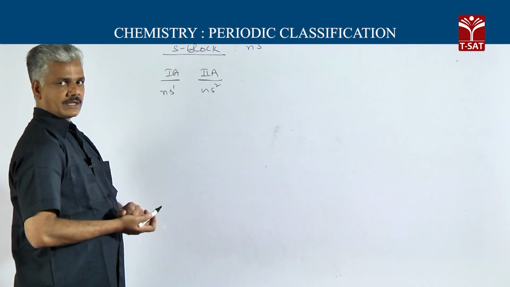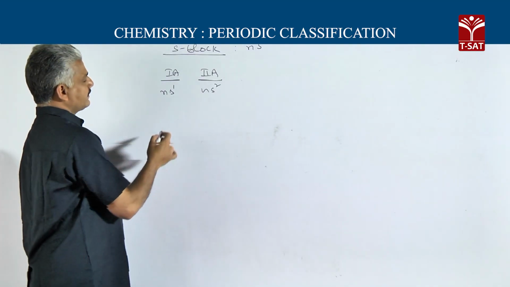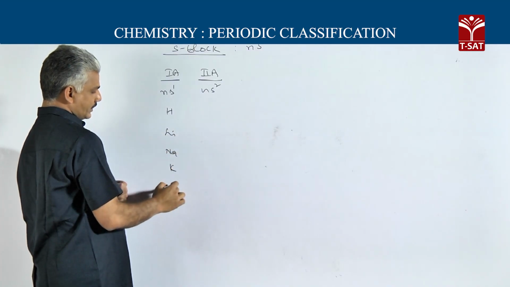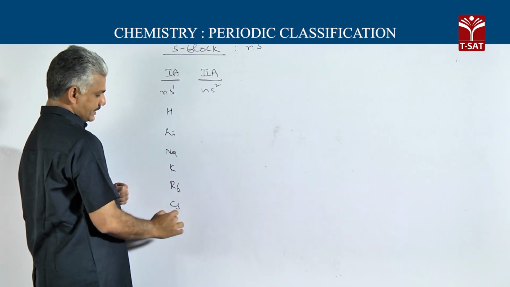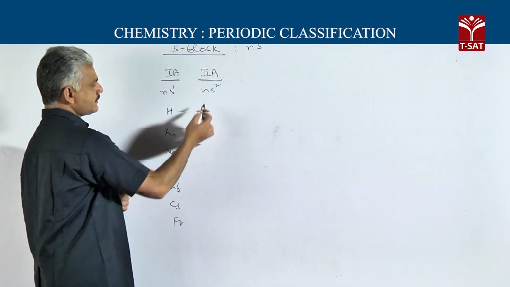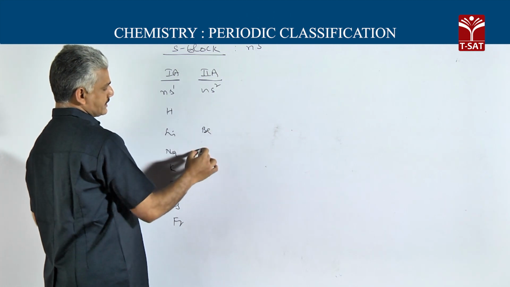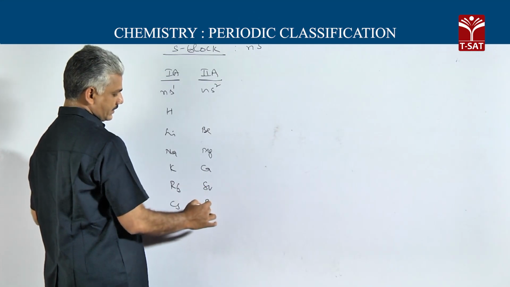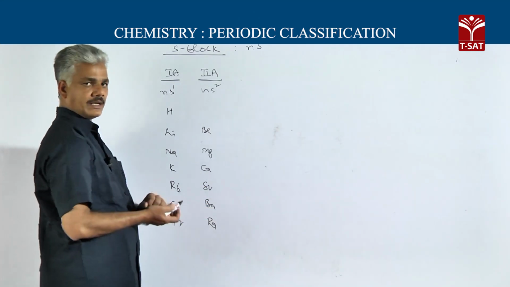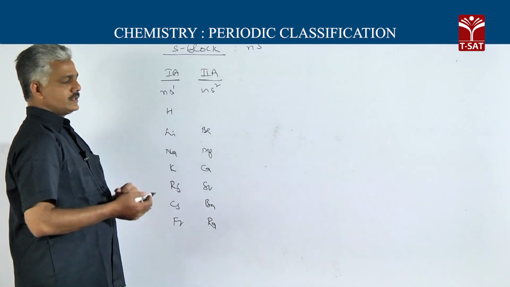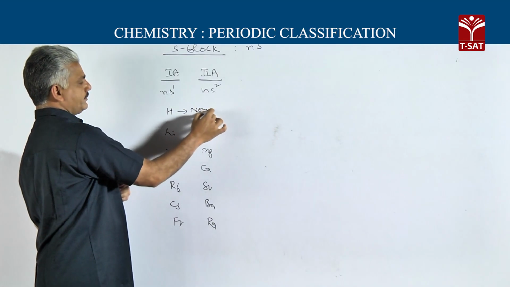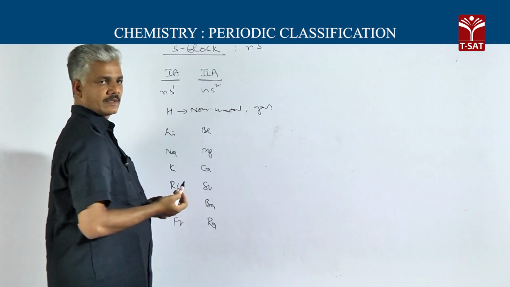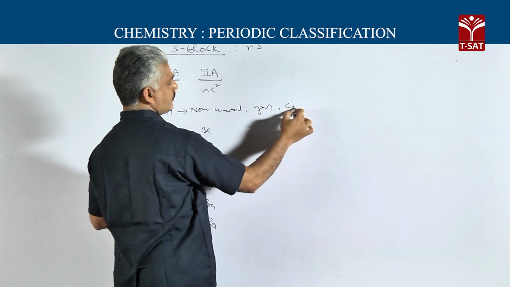Then coming to the general characteristics, the elements present in 1A are hydrogen, lithium, sodium, potassium, rubidium, cesium and francium. Whereas in 2A, the elements present are beryllium, magnesium, calcium, strontium, barium and radium. Hydrogen is a non-metal and exists in the form of gas and mostly forms covalent compounds.